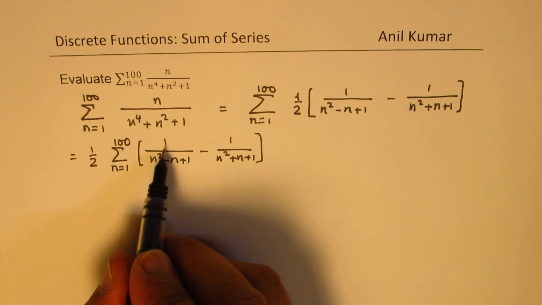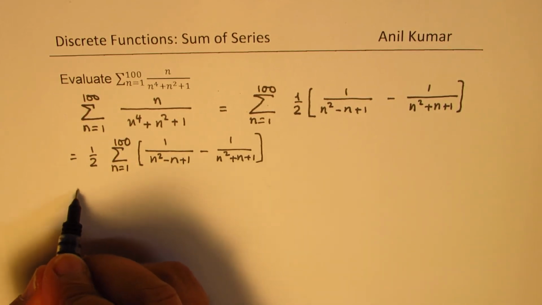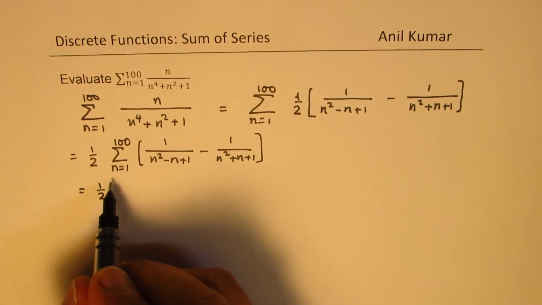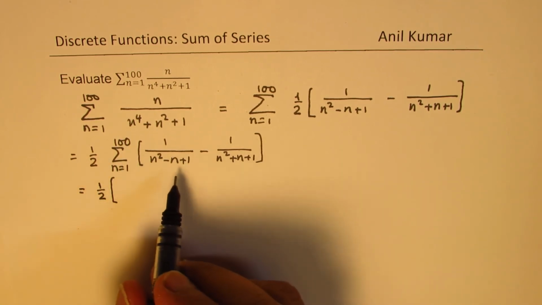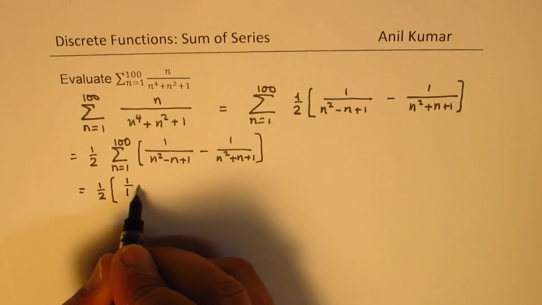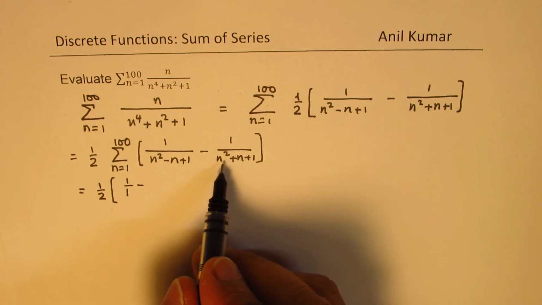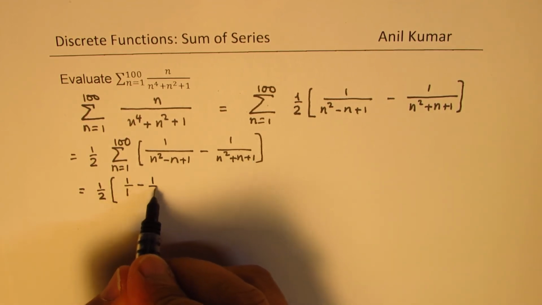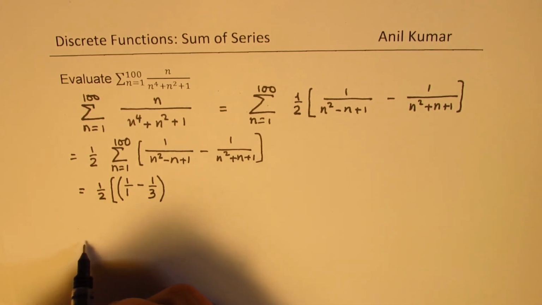Let's substitute n equals 1, 2, 3, 4 and see what we get. If I substitute n equals 1, we get 1 over 1 minus, substituting 1 here gives us 1 plus 1 plus 1, that is 1 over 3, right? So we get minus 1 over 3. So that is for n equals 1.